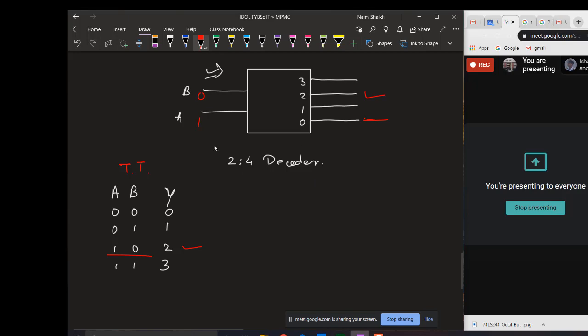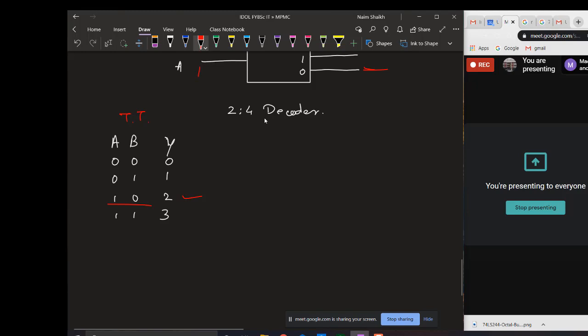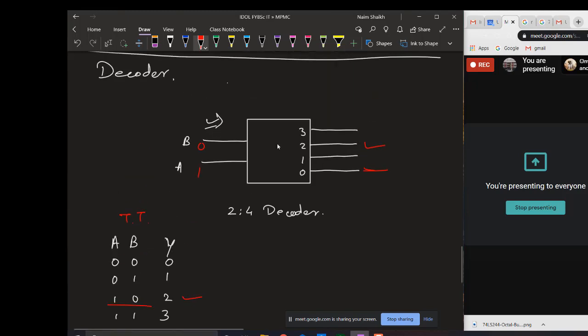Since we are actually learning tri-state devices, we are into the art of the tri-state device. So in the tri-state device, I'm going to remodify this decoder only, so that my time will be saved. Now I'm going to draw a tri-state device. What is the difference between a normal device and a tri-state device? It's just one extra input.